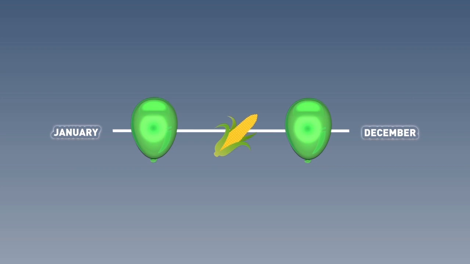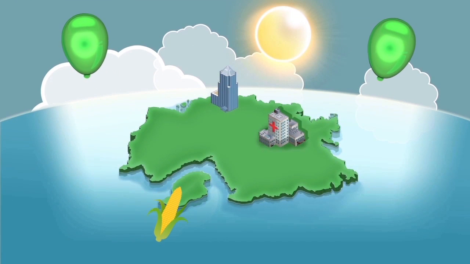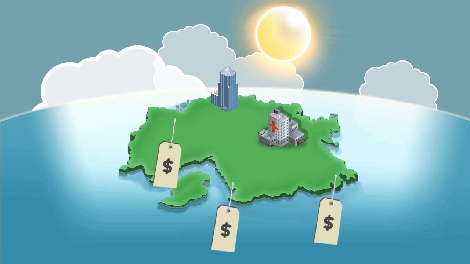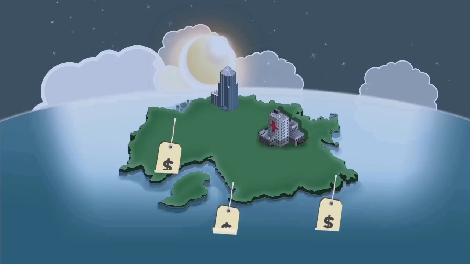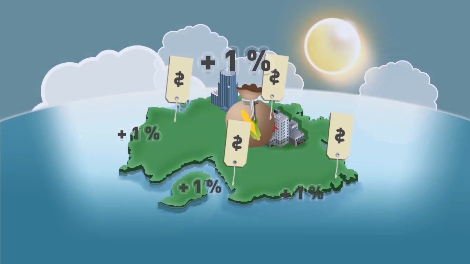By doing this, we can strip away these factors and see what is actually happening over a longer period to prices in the economy. The easiest way to think about seasonal adjustment is this. Suppose that overall in the economy, prices are rising slowly over the course of the year at 1% per month, and maize is also following that pattern.